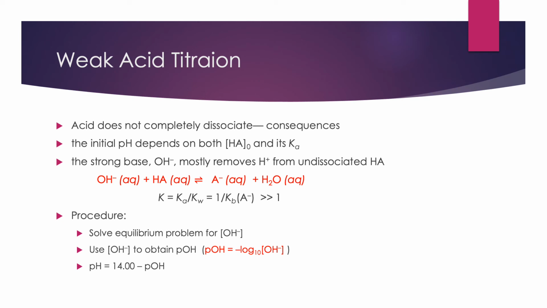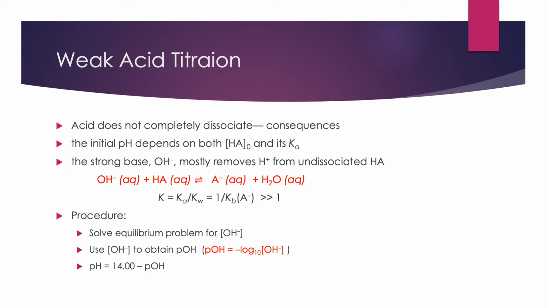And since the water ionization constant is 10 to the minus 14, when I divide by that, I'm basically multiplying the weak acid dissociation constant by 10 to the 14, so it typically is going to be much greater than 1. This means that the reaction I've shown, hydroxide ion plus HA, essentially goes to completion in most cases.